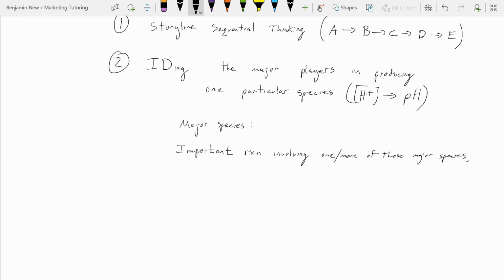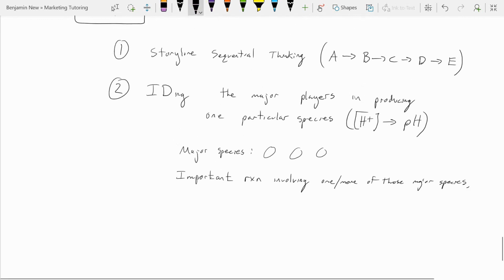There will be cases where you have to consider two at the same time, but most likely not in an introductory level, college level chemistry class. So you identify the major species, might be 2, 3, 4, whatever, and then the most important reaction will involve at least one of those major species, which will cause the greatest change to the thing that you're looking for. And so you identify that's the reaction that's going to determine my H plus.